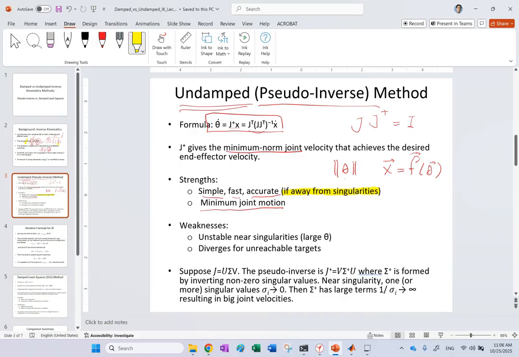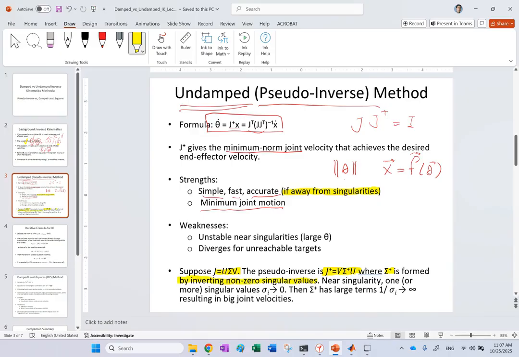Let's assume that you do a singular value decomposition on the J matrix, the Jacobian. So you get U sigma V. Now the pseudo-inverse of J is going to be V sigma pseudo-inverse U, where sigma inverse is basically you're inverting the non-zero singular values in the sigma matrix.